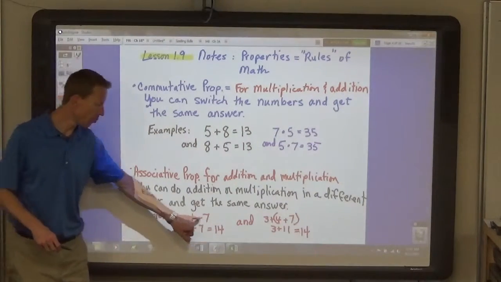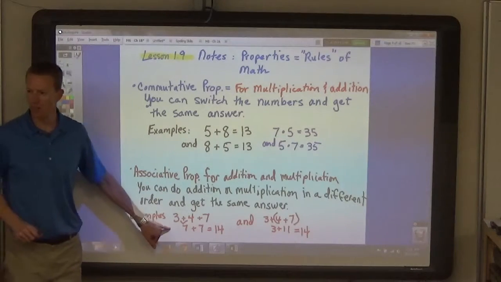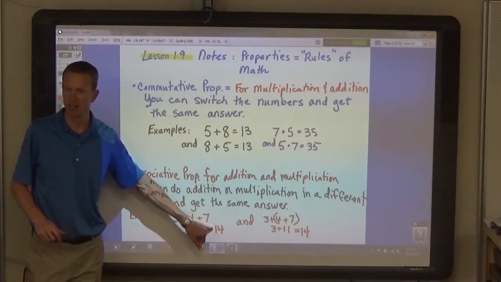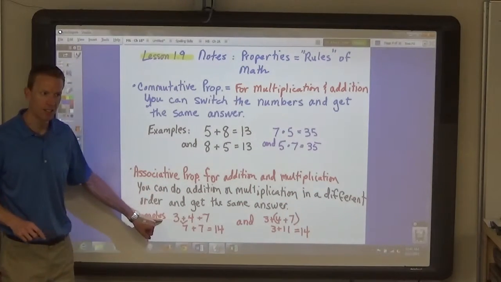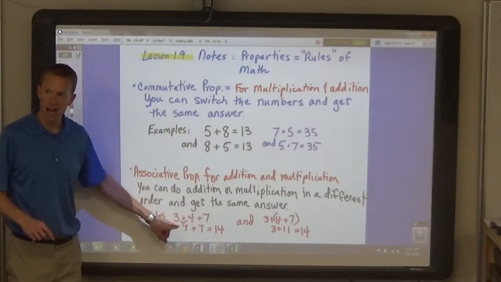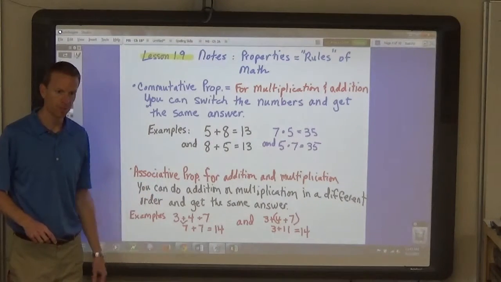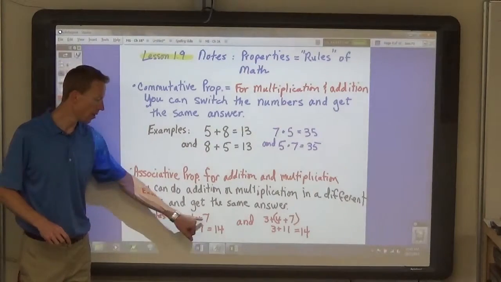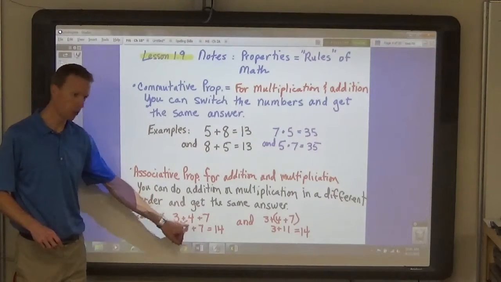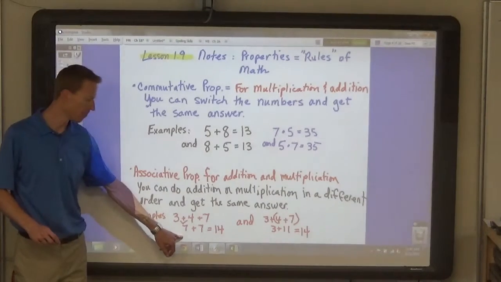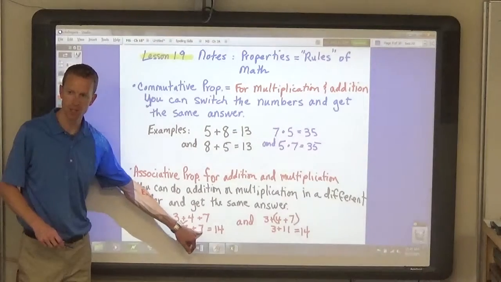If you have 3 plus 4 plus 7, and you're following the order of operations, you know you're supposed to do these from left to right. Okay? But since these are all adding, we can switch the order that we do the operation. We can do 3 plus 4 first, which is 7, and then add the 7 at the end and get 14.